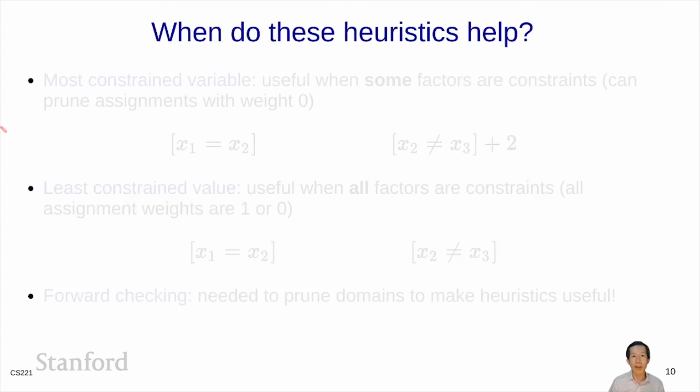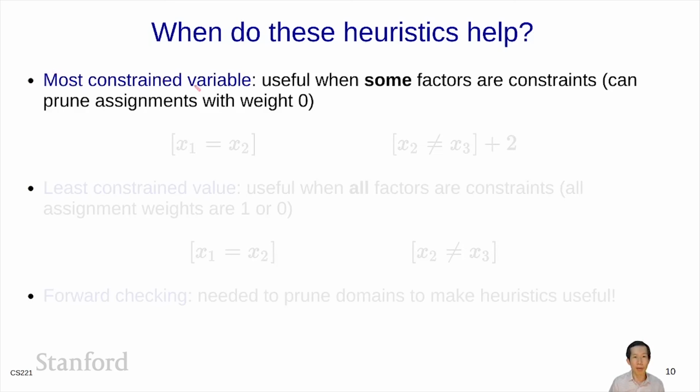So when do these heuristics help? The most constrained variable is useful when some of the factors are constraints. It's okay if some of the factors are not constraints, but it's important that at least one of the factors is a constraint, which means that it can return 0.